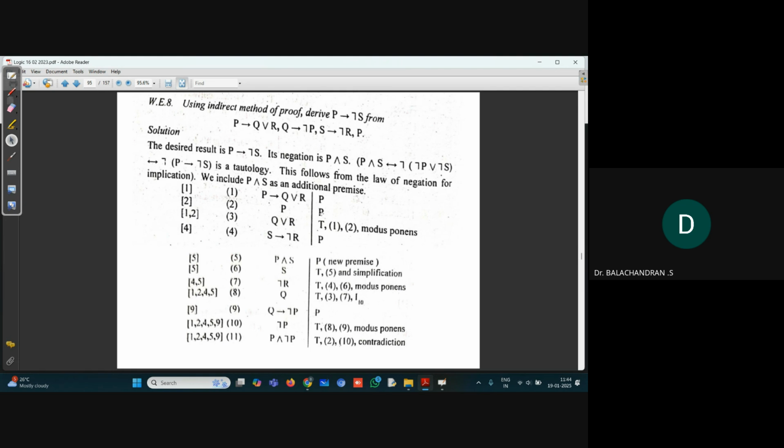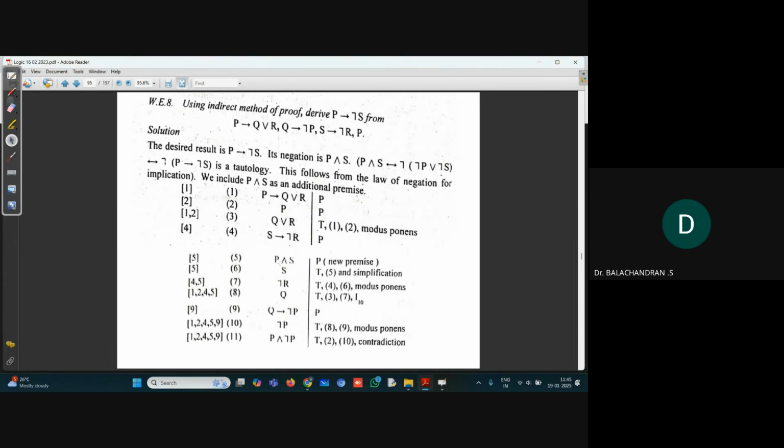This you should write as rule P. Now P, P → Q ∨ R gives Q ∨ R. Next, S → ¬R, that is rule P. Now I am using the additional premise, P and S here. That is also P, but you should write additional premise or new premise. Better to write additional premise.